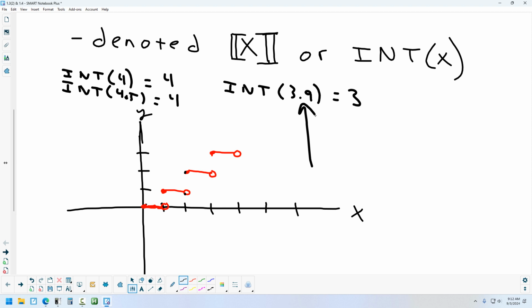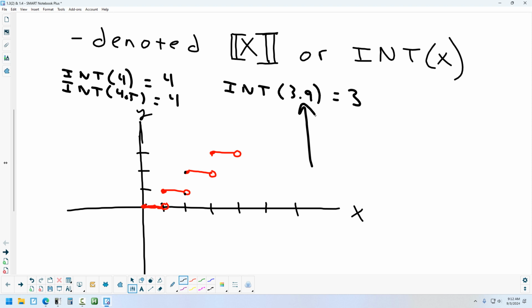So infinity could be like the highest thing you could plug in. So when you describe a domain, you have to tell me like a low value and a high value. Yeah, negative infinity to infinity. This is basically all real numbers. You can find the greatest integer function for any number you want. So you can fill in anything you want.